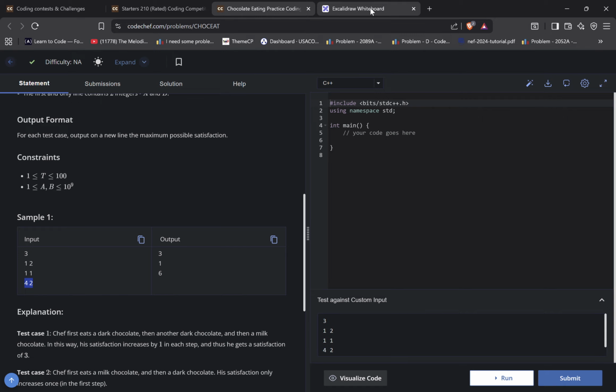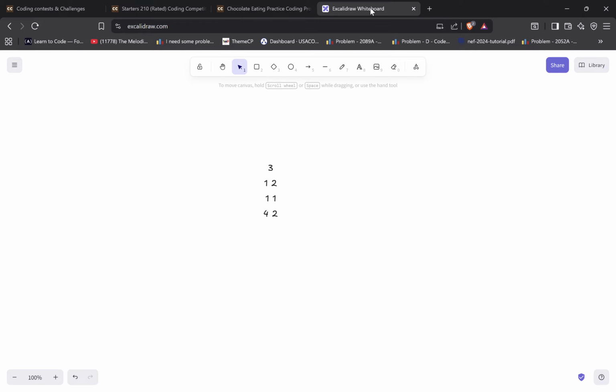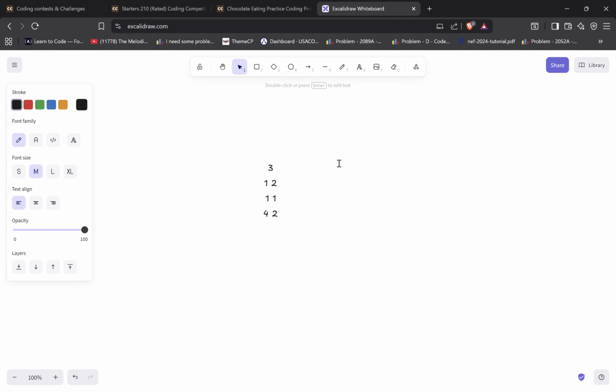A proper proof type method would be something like this. You have A milk chocolates, B dark chocolates. So you will first eat all the dark chocolates. So you will have 0, 1, next iteration 0, 2.